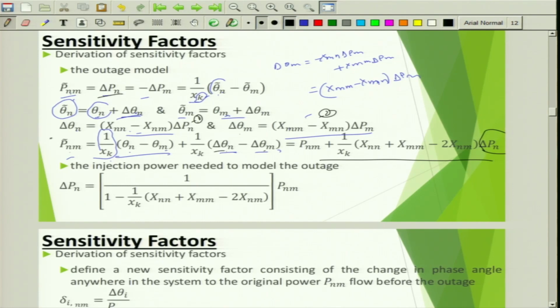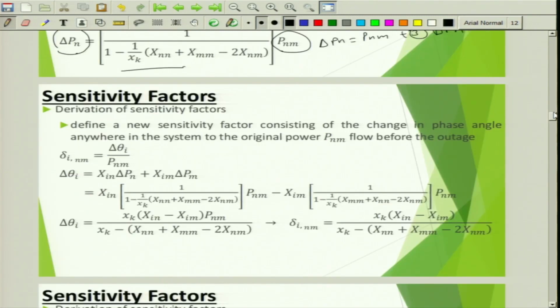So you replace this, delta Pn is equal to Pnm plus this whole term, let us say this is 3, right, and this also has a term relevant to delta Pn. Now you take this, then ultimately you get this expression, delta Pn is expressed with respect to reactance and Pnm.